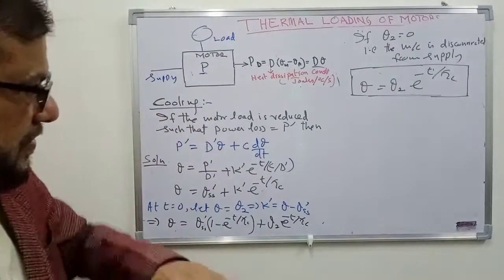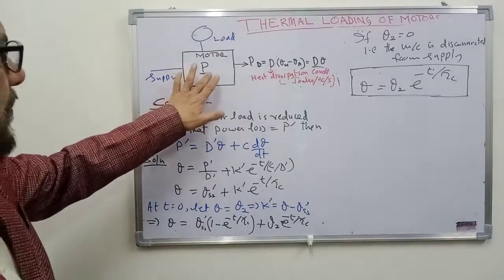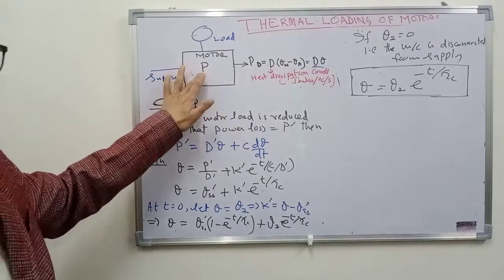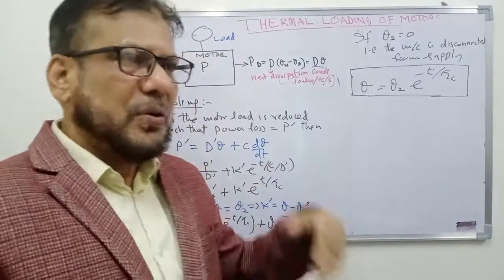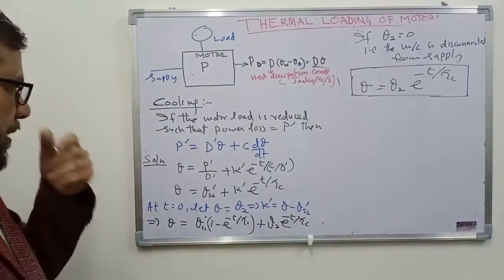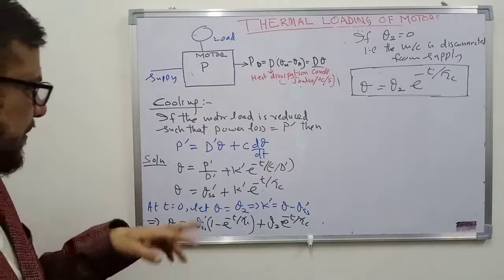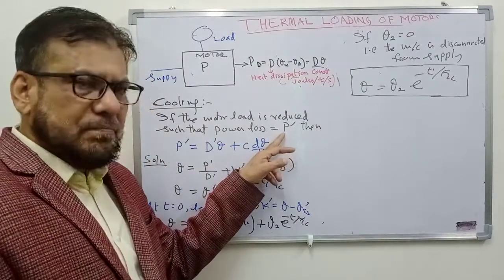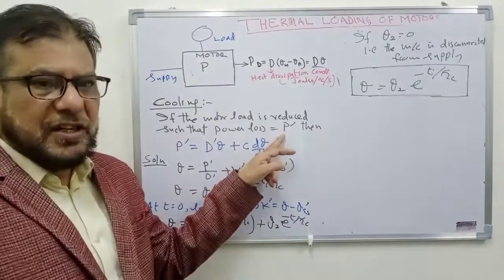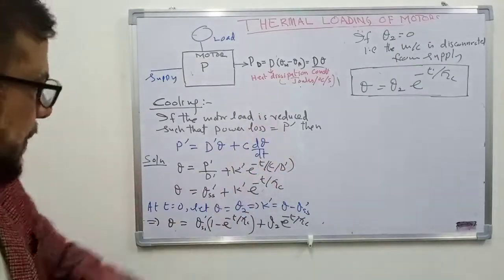So let us take this general case when the motor is not disconnected, rather the load is removed or the load is reduced. So in this case, let us say that in this new situation, the power loss in the machine is P dash, which is less than the earlier power loss, that is equal to P.